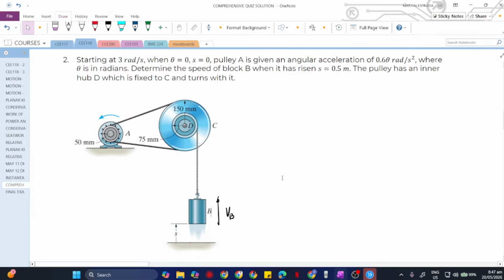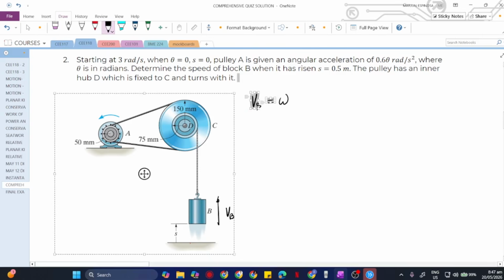First, we need to determine muna natin yung angular velocity nitong C, because to solve for the velocity of B, that is basically the angular velocity of C times the radius. Okay class, yung angular velocity ng C at saka D, equivalent lang yan.